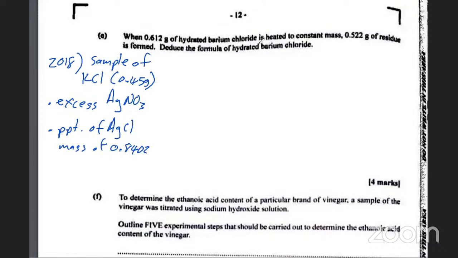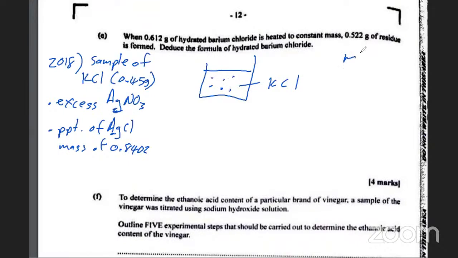So remember, in precipitation gravimetry, let's say you have your solution of KCl, you're going to add a precipitating reagent. In this case, the silver nitrate. Precipitating reagent is so that you can get a precipitate.